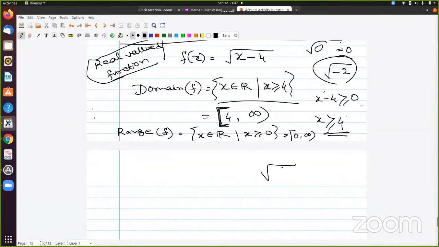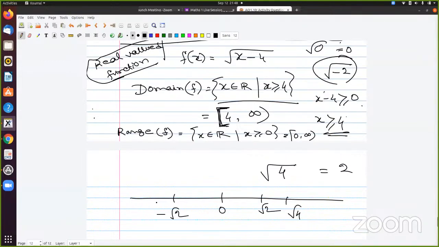When I am talking about this root 4, it is just 2, not minus 2. Because if you draw the number line, where is root 2? Here, right? There is another number, minus root 2, 1.414. So here is your root 4, and here is minus root 4. So root 4 is just 2. This is the notation we are taking. Square root of something is a positive number.